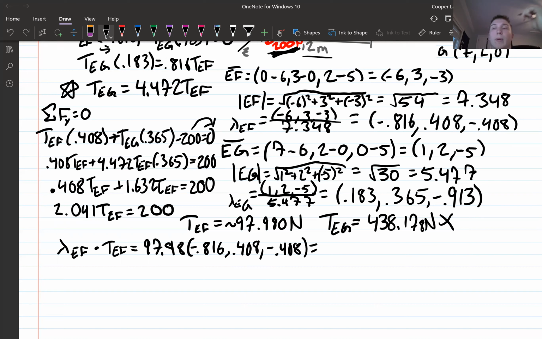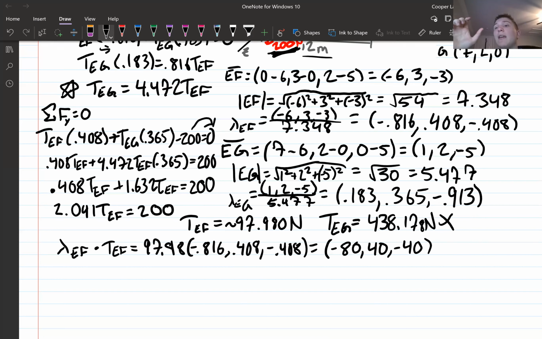When I multiply these values out, I end up getting approximately negative 80, comma 40, comma negative 40. Now, while I understand that when you multiply that out, you're going to get like negative 79.9 repeating for the x value, I'm just simply rounding that to 80 because there's a lot of 9s, and that essentially equals 80.